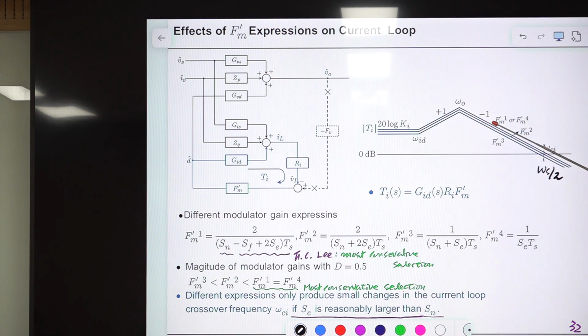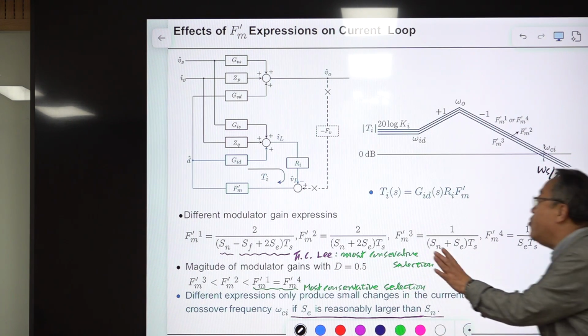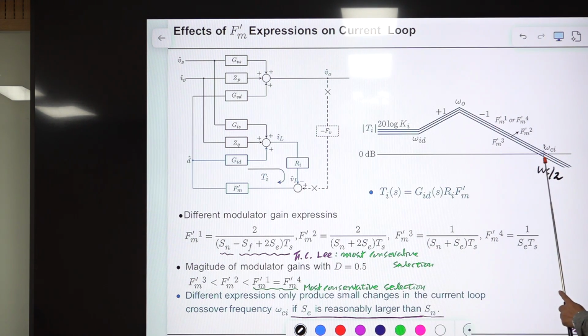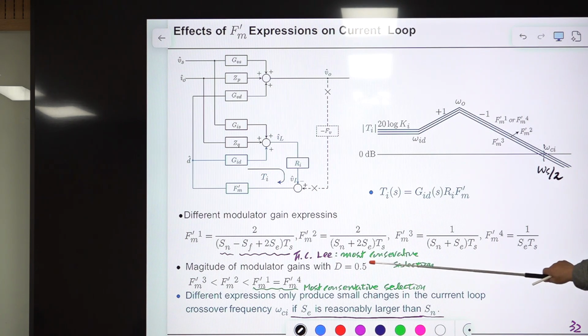If you use other gains, then omega Ci will be smaller, so you are safer. So this is the most conservative selection, or best choice in this case.